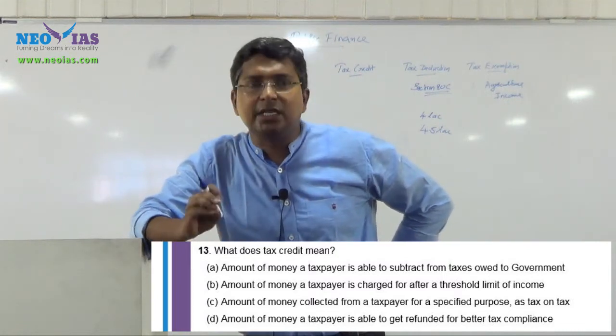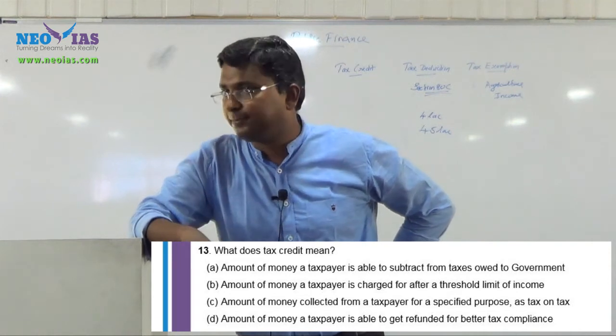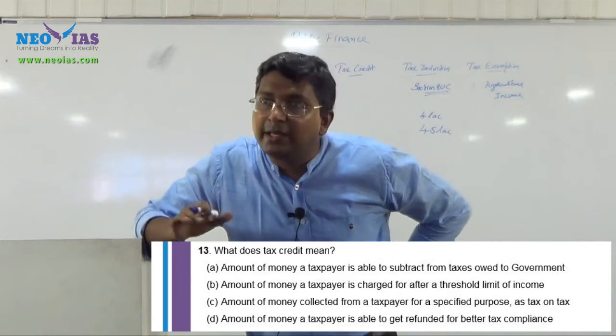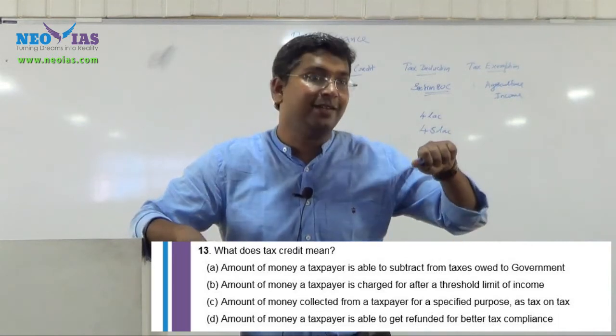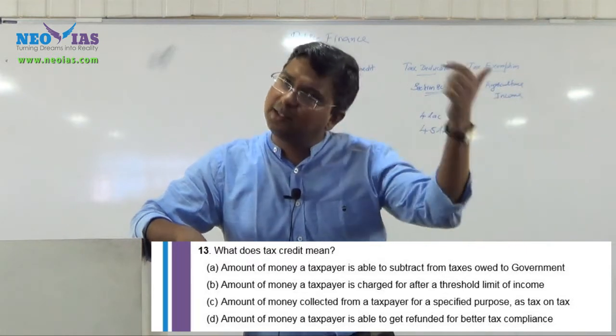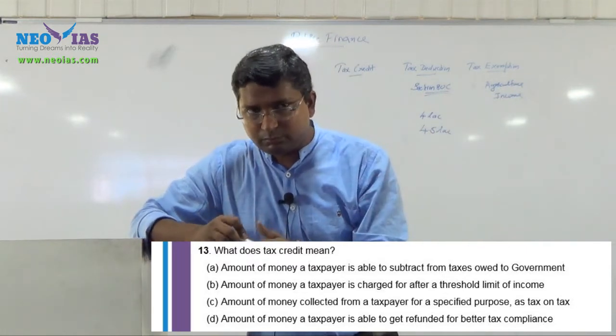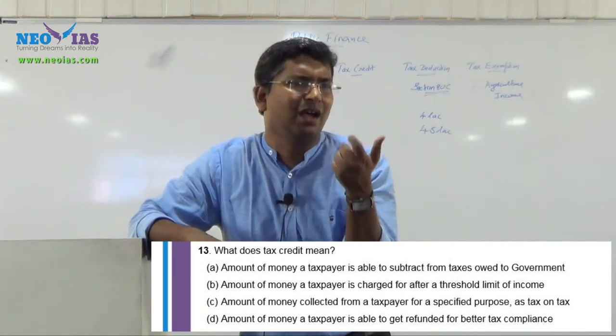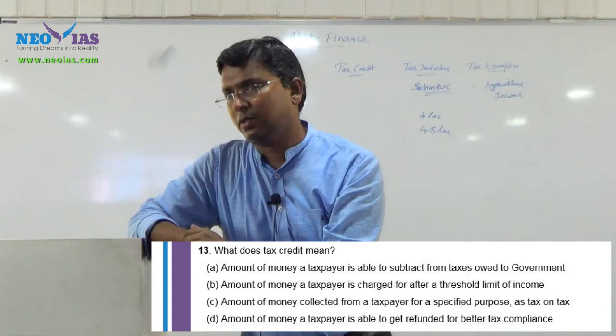But if you invest in instruments like insurance policies, 1.5 lakh under section 80C, you need not pay any tax on it, provided you invest in these. And for business people also, there are some exemptions. That's not important. You need to have an idea what this deduction is all about.